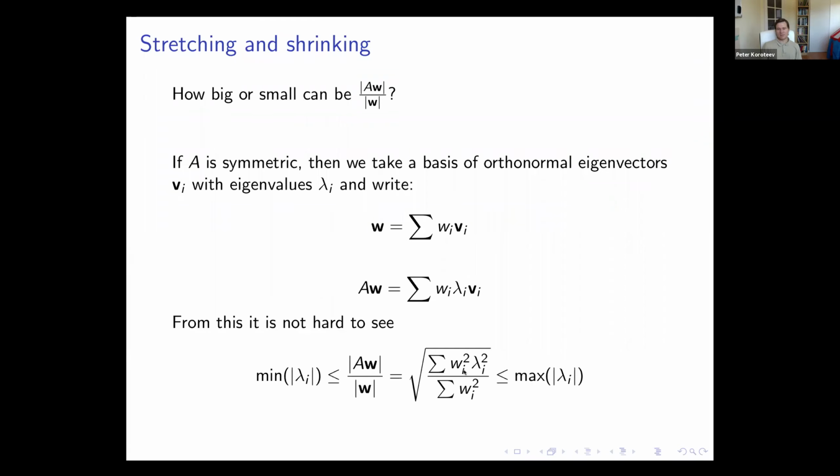It's basically whenever the corresponding W is equal to 1, or some value, and all others are equal to 0. And then also the minimal one. So this ratio ranges between the minimum of the absolute values over all eigenvalues and the maximum of the absolute values of all eigenvalues.